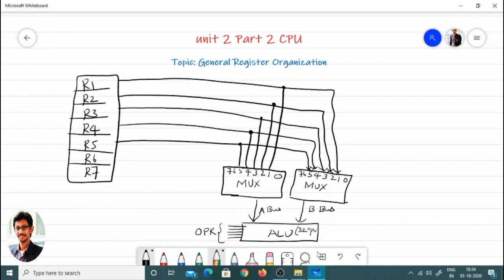R6 here. Now finally R7 here. So what about the 0th line? To this 0th line, an input signal is connected.